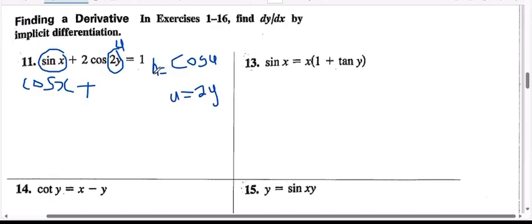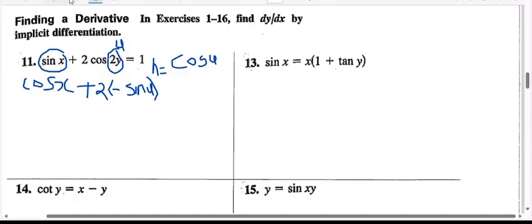Now I'm going to do dh/du. Don't forget there's a 2 here. So dh/du is going to be negative sin u, then multiply by du/dy. The du/dy is going to be 2 dy/dx. When I differentiate this one, it's going to be 2 dy/dx. So I'm going to clean that one.